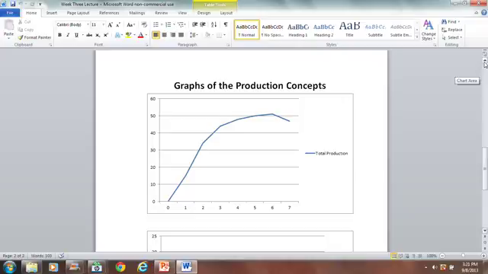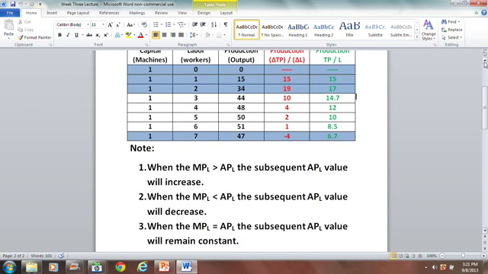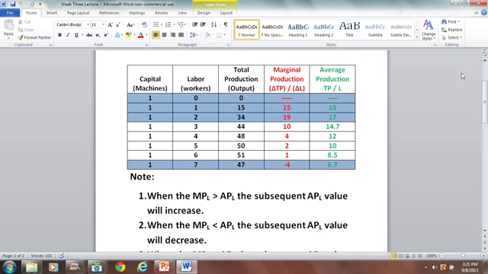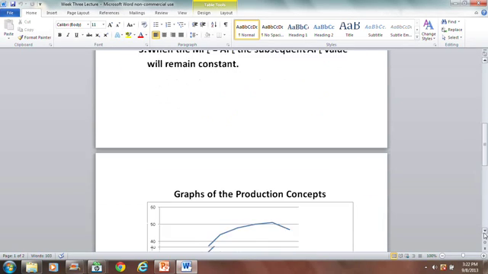Now, if I look at the behavior between marginal product and average product, if I graph those two columns, the marginal product column and the average product column, and graph them with respect to labor, I can then visually see this interplay between individual worker impact and group worker impact.